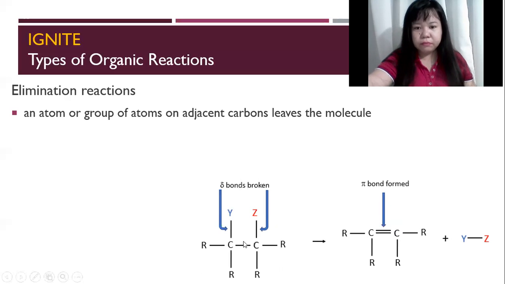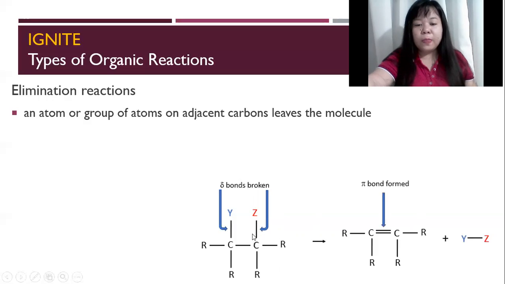So just imagine that in this structure, each of the bonds is made up of 2 electrons. So these will be cleaved, leaving 1 electron on Y, 1 electron on Z, so that they can form their own bond. And then we will be left with 1 electron here, another electron here, forming the pi bond. Okay, so what I have explained to you is just for easy visualization of what happened in the bonds.